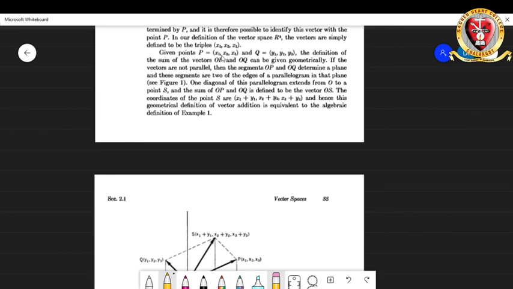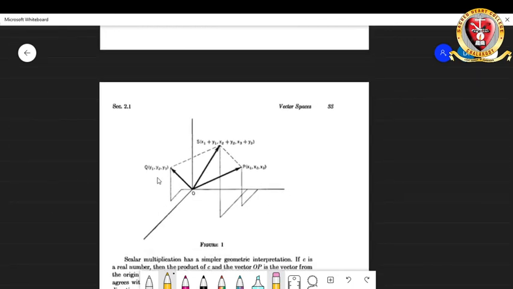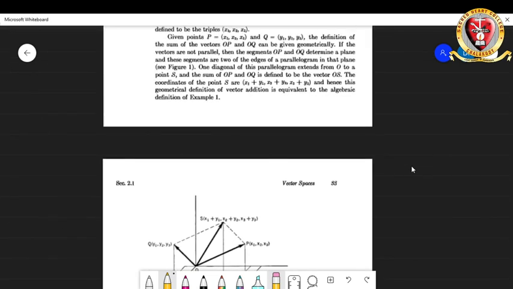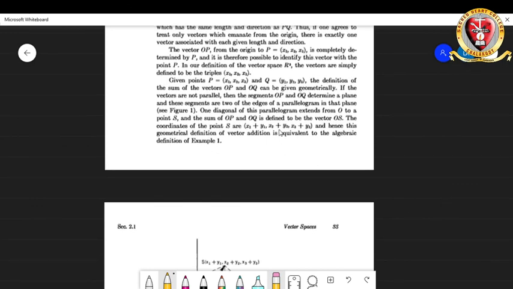So if P is equal to x1, x2, x3 and Q is equal to y1, y2, y3, when we add both of them, what you're getting is actually the diagonal of the parallelogram formed by the vectors OP and OQ, which we know is vector addition. So the newly formed vector is nothing but the diagonal of the parallelogram.